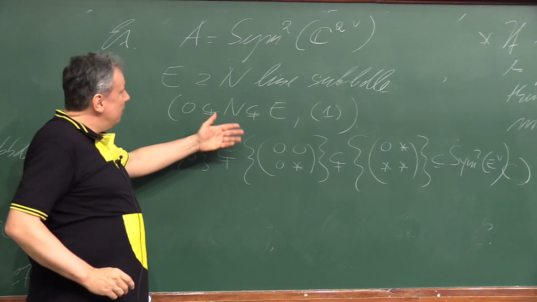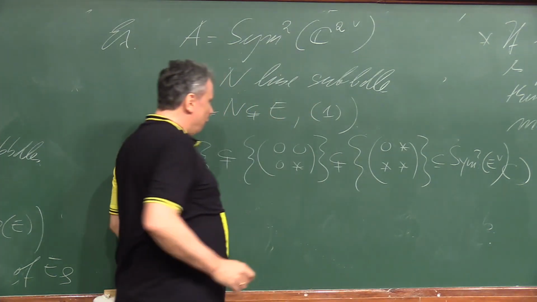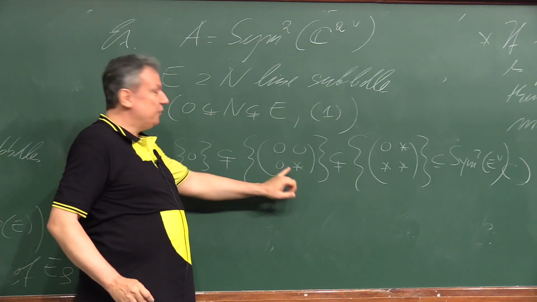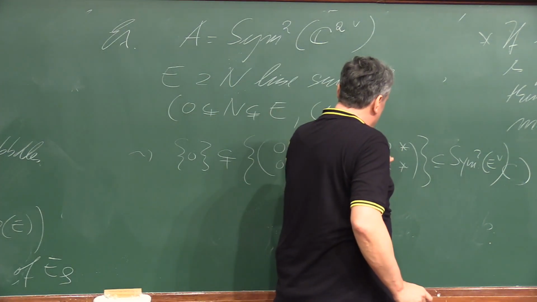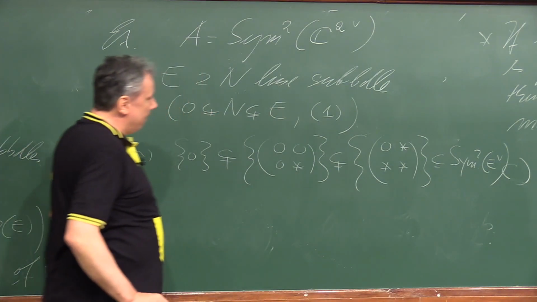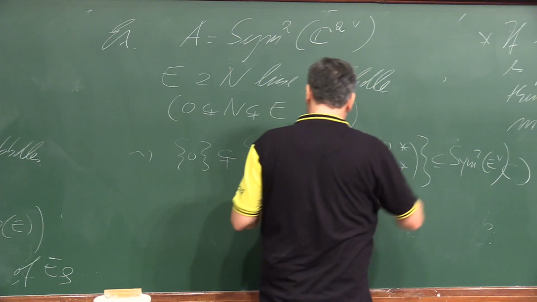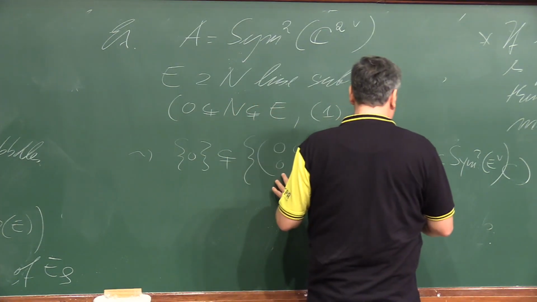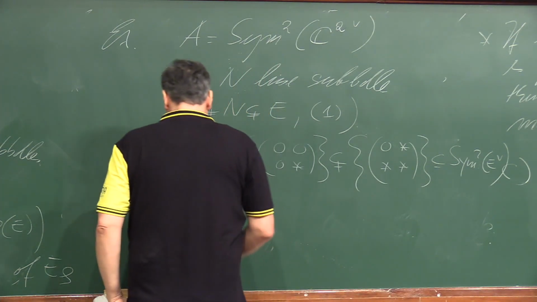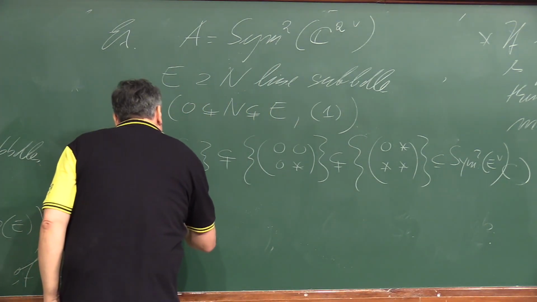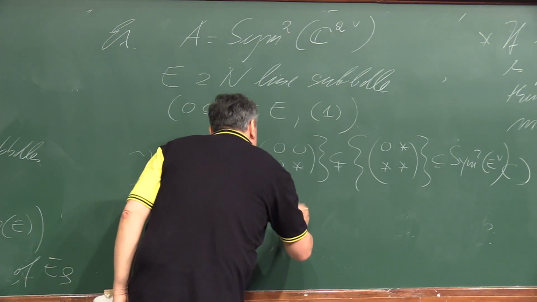These are all forms for which n is in the radical, and these are all forms locally for which n is isotropic. Since you are dealing with symmetric matrices, this is rank 1, this is rank 2, and this is rank 3. The corresponding one-parameter subgroup would actually be of SL_2.